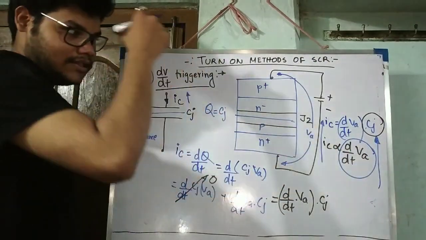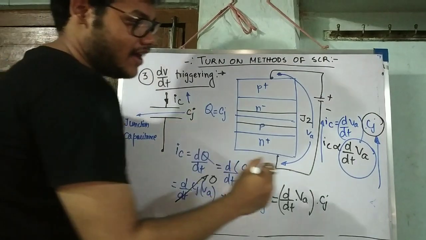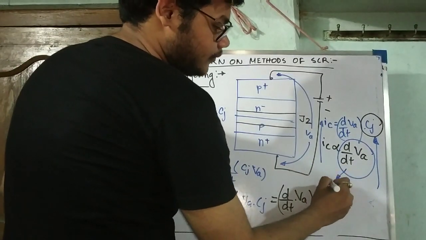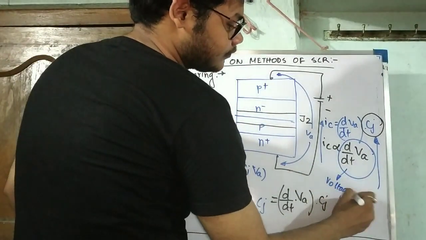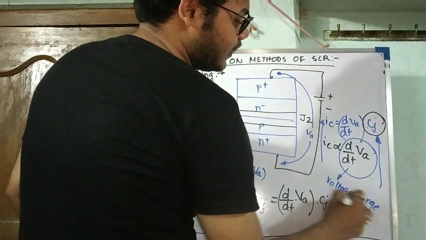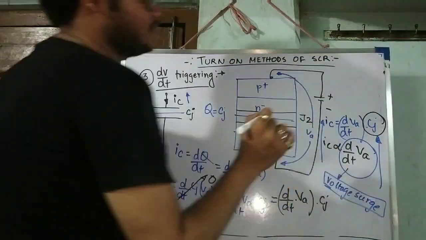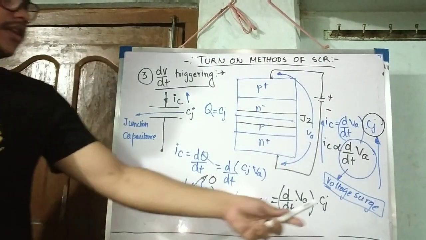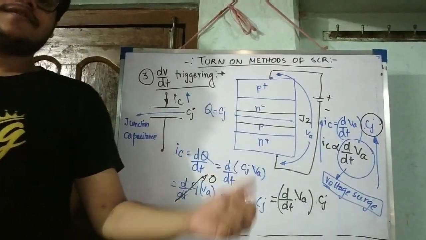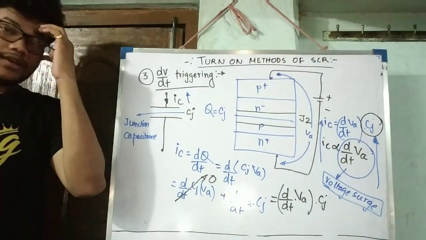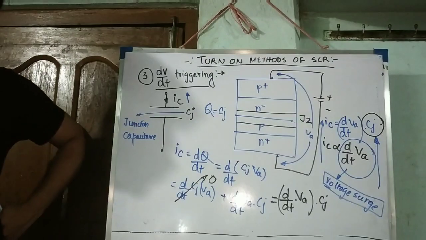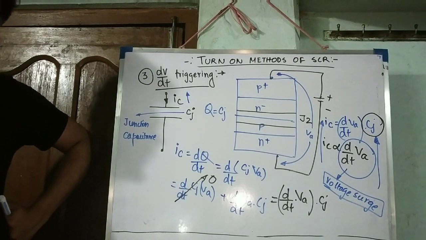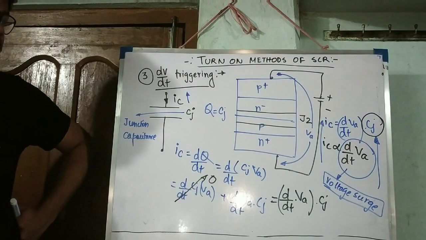And remember, this dVA/dt is basically a voltage surge, sometimes an unwanted voltage surge. Suppose your device is in forward blocking mode and this unwanted voltage surge will trigger your device. You are not willing to start the SCR in conduction mode. But what will happen?